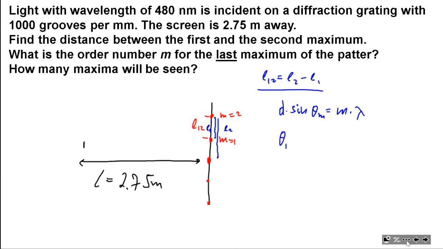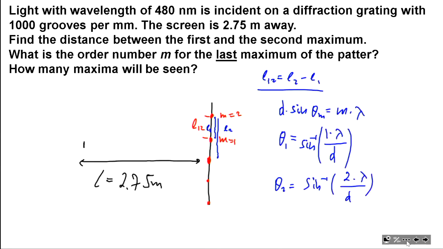Calculate the angle number 1, which should be equal to the inverse sine of 1 times wavelength divided by the distance between two adjacent slits. And now we have to do this, the inverse sine of 2 times the wavelength divided by this d.